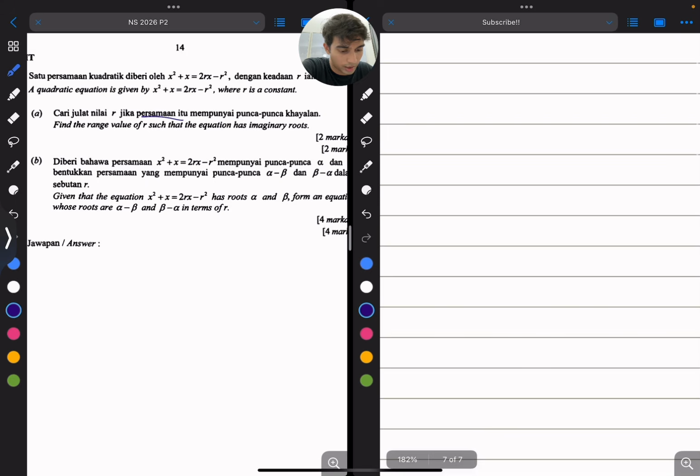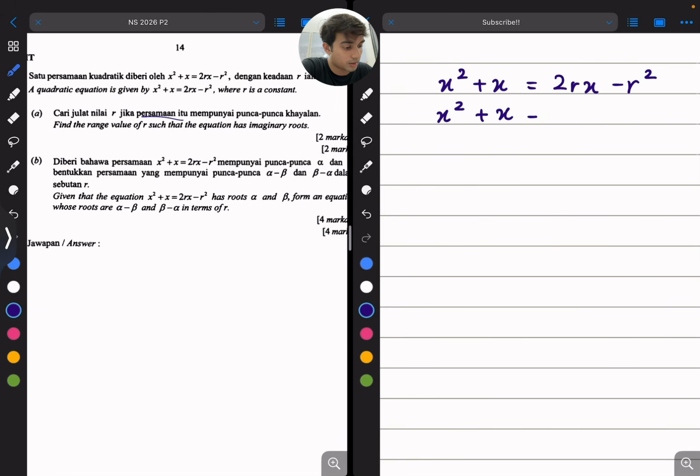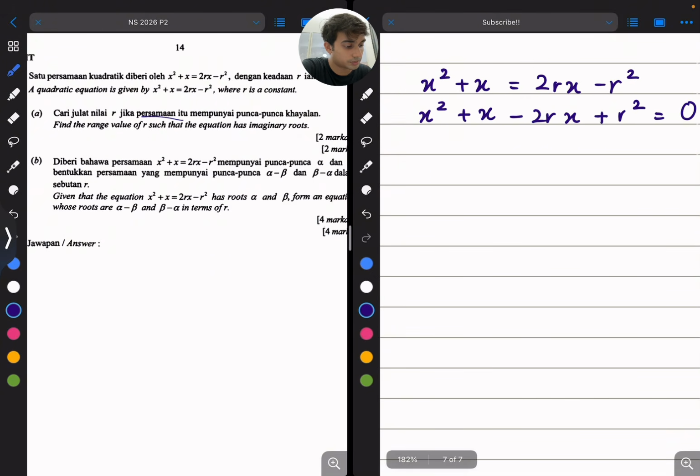So let's write down our equation first. We have x square plus x, 2rx minus r square. We bring it all to one side, make one side equals to 0 lah. So minus 2rx plus r square equals 0. x square, this will be 1 minus 2rx.